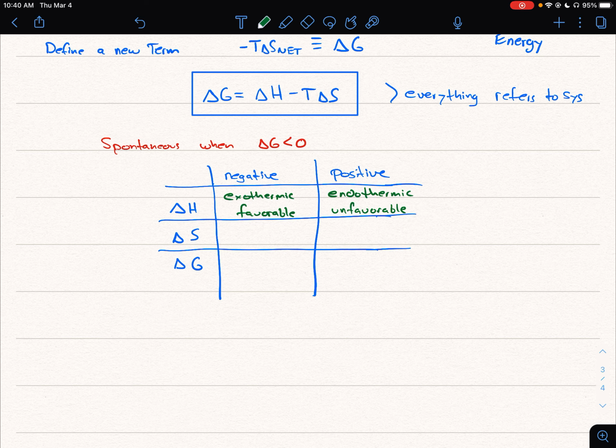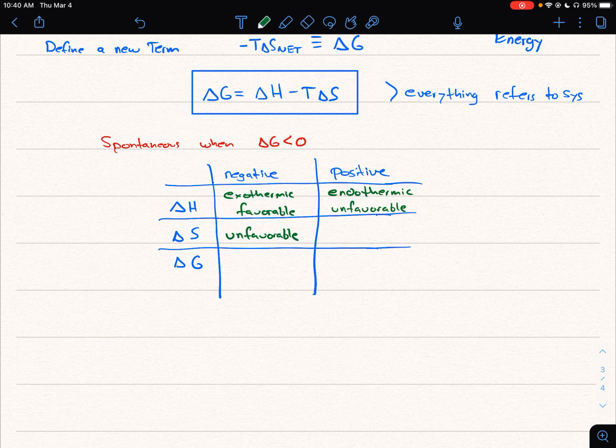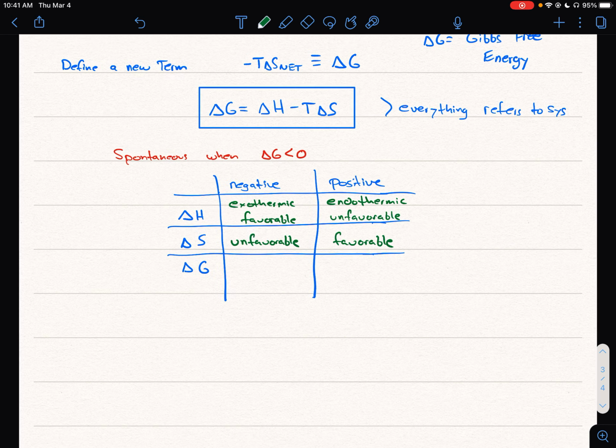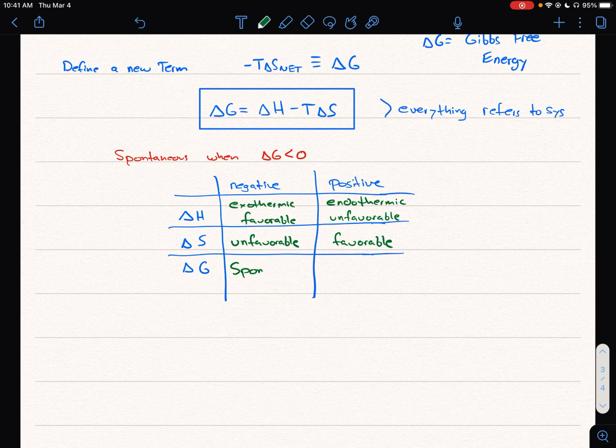In terms of the change in entropy of the system, when delta S is negative, that's unfavorable, because we're losing arrangements. And when delta S is positive, that's favorable. When it comes to delta G, when delta G is negative, that is our spontaneous reaction, and when delta G is positive, that's non-spontaneous.